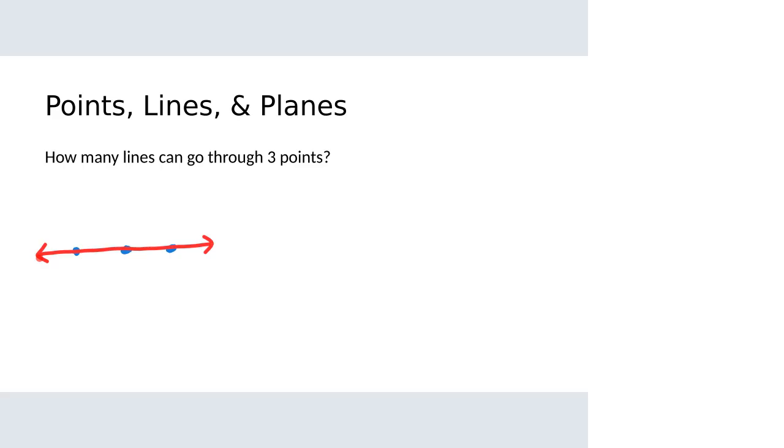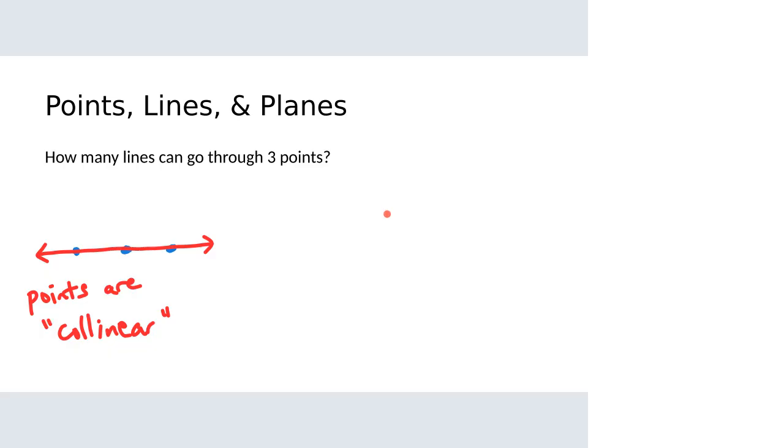If this happens, we would say that those points are, and this is another definition for us, collinear. We would say those points are collinear because they're on the same line.